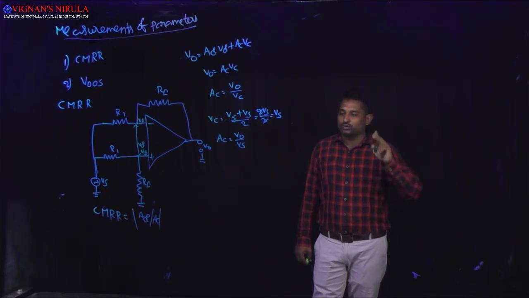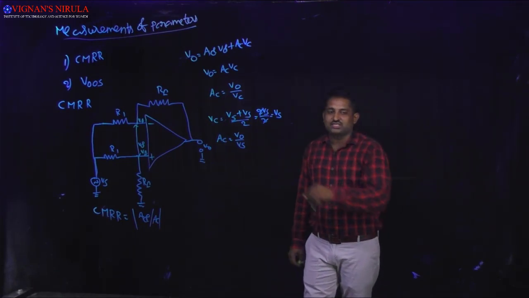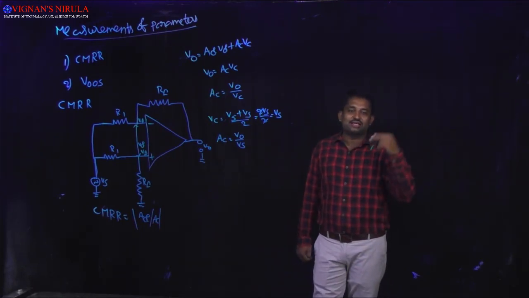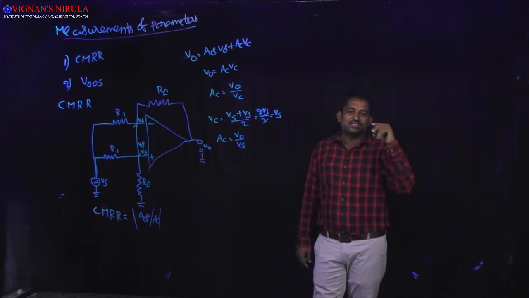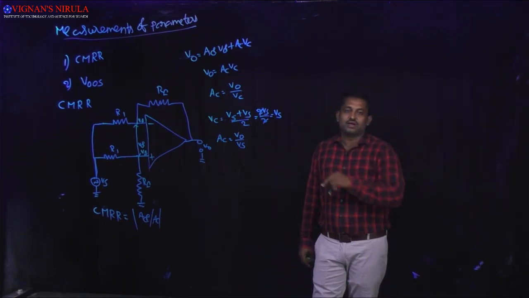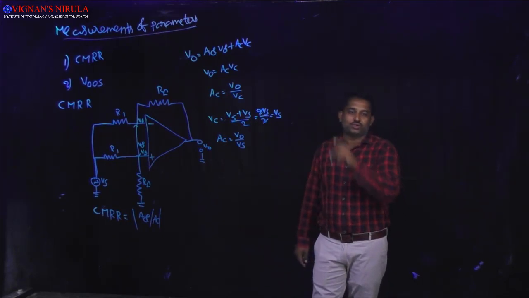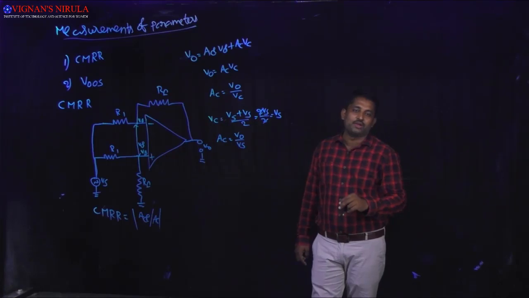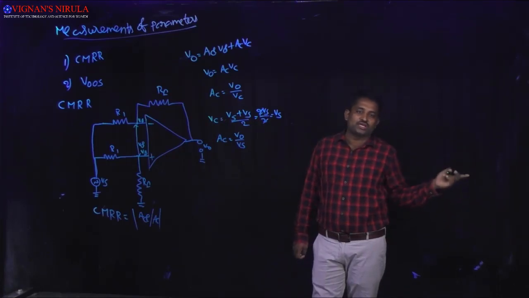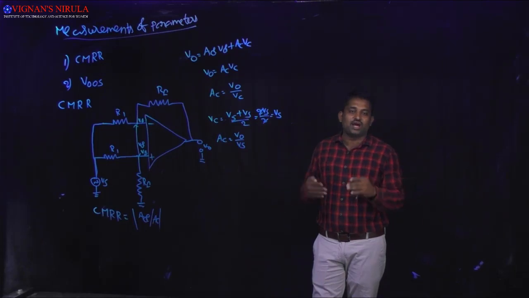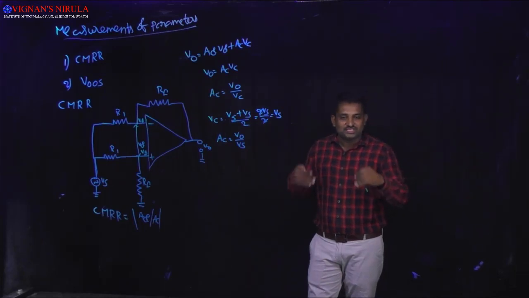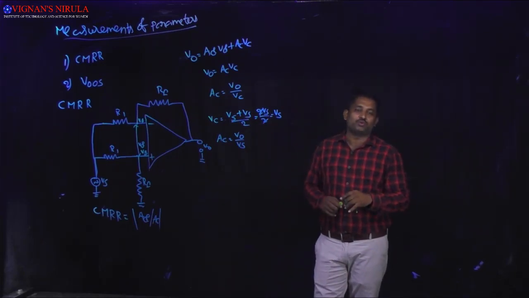So make one of the input terminals connected to ground and calculate the output using the other input terminal. Take it as V01. Then make the other input terminal connected to ground, enable the first one, and calculate the output voltage V02. Finally, the output voltage is equal to V01 plus V02. This is the way to calculate the output voltage.